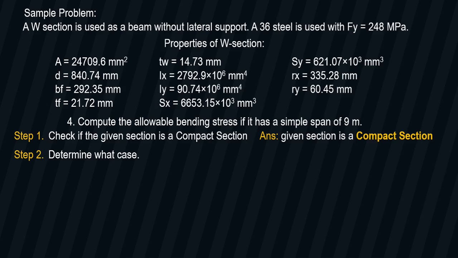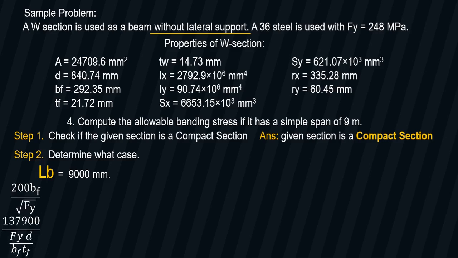To do that, we need the value of LB, and we will compare it to the value of LC and LU. For this case, the value of LB is equal to 9 meters since we are dealing with a beam without lateral support. LB therefore is equal to 9,000 mm. As for the value of LC and LU, we'll just use these two quantities, and whichever has the lower value would be our LC, and the higher value will be our LU.